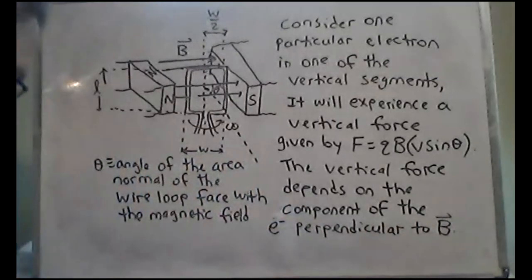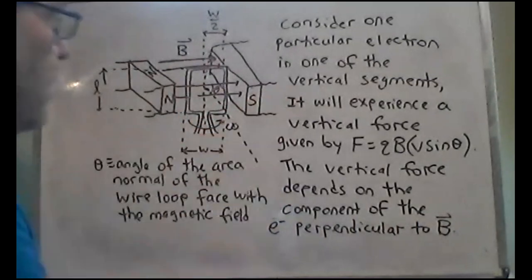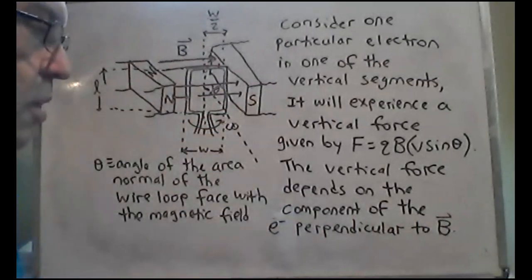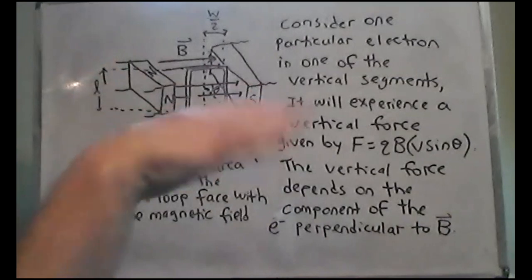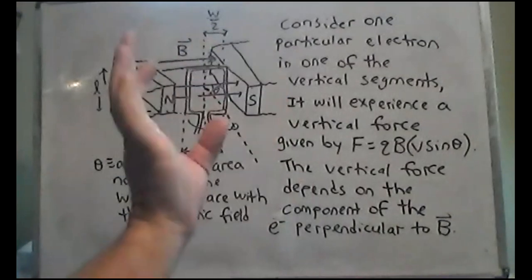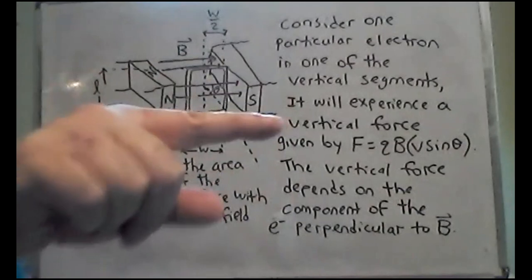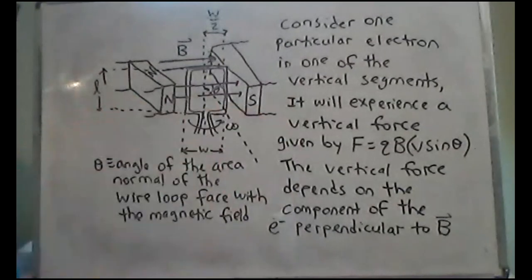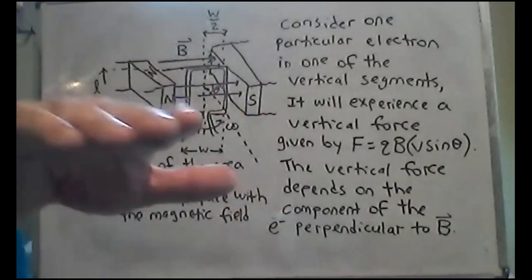Okay, so now that's true for the side segments. Again, I talked about the vertical segments. What about the top and the bottom segments? What are they going to experience? Let's imagine for a moment that this has been turned a quarter turn, so that the top segment is a line coming at you. If my electrons are being pushed down, let's say I have electrons coming at you.